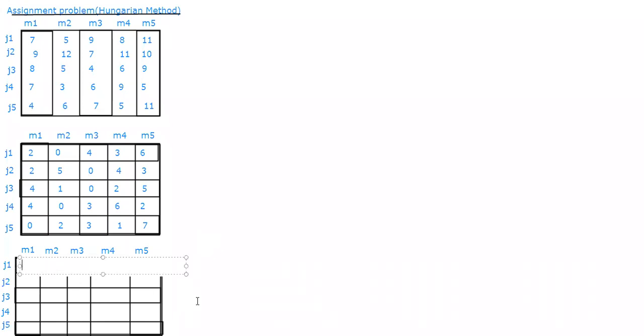So first 3 columns, I'm going to fill up whatever the things are there. So 2, then 0, then 4, because these 3 we don't have any problem. Then for the next one I'm going to fill these 3 things: 2, 5, 0.